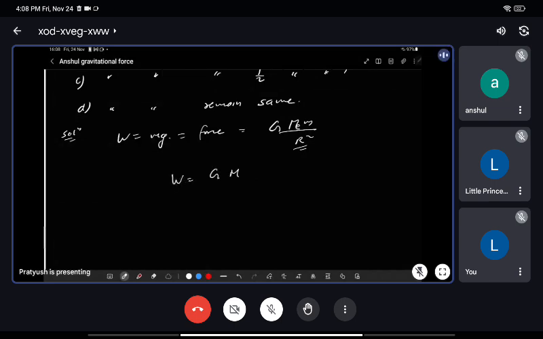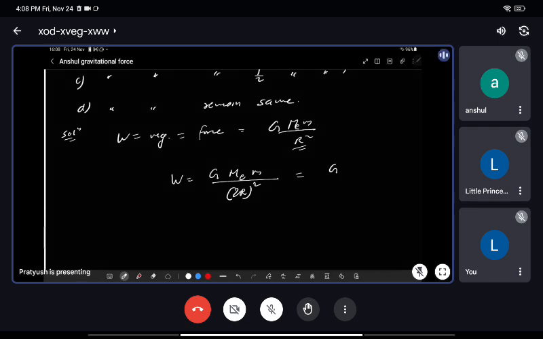New weight will be G, mass of Earth is constant, mass of body is still constant, radius of Earth is now twice, so the square of it is 4r square. That becomes G Me m upon 4r square. This is clearly a quarter of the previous force. Answer is W by 4.